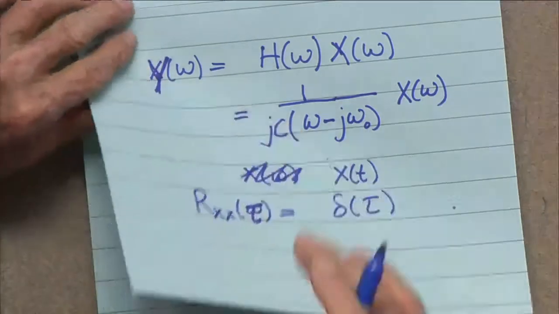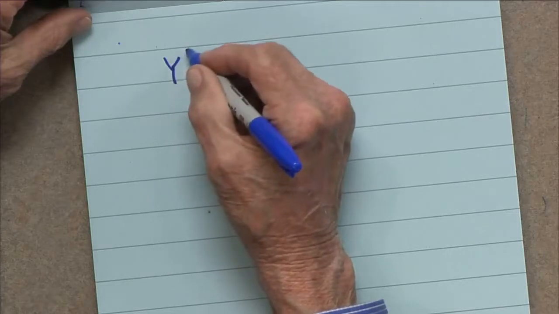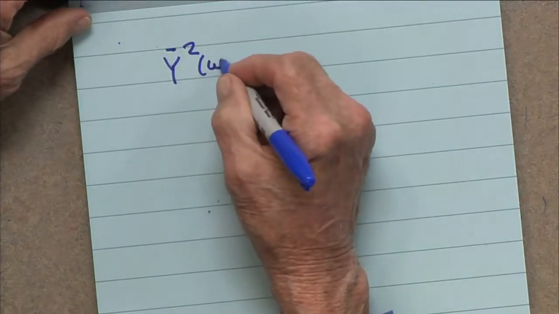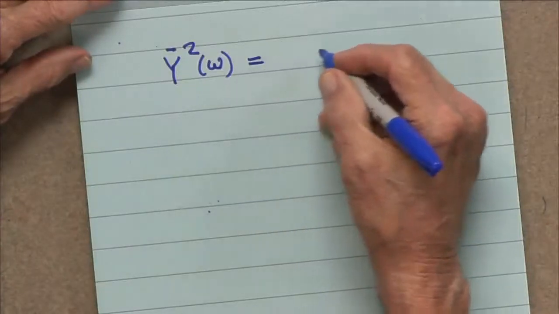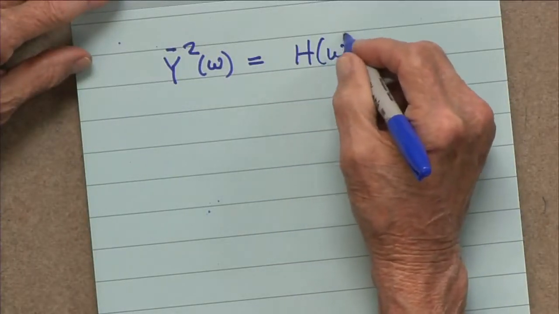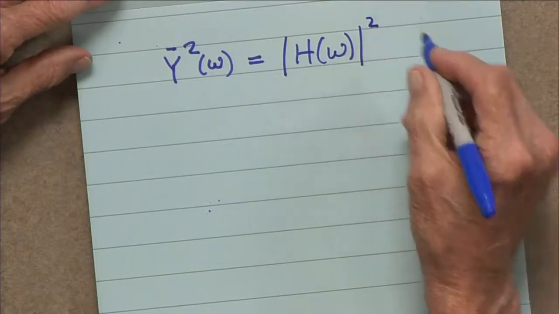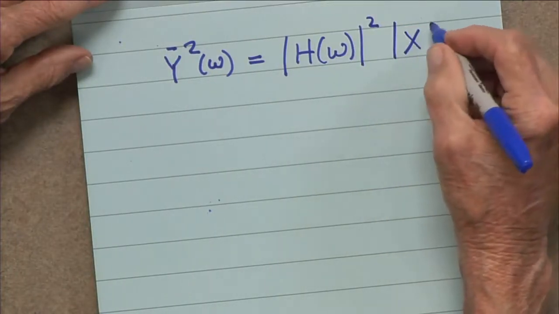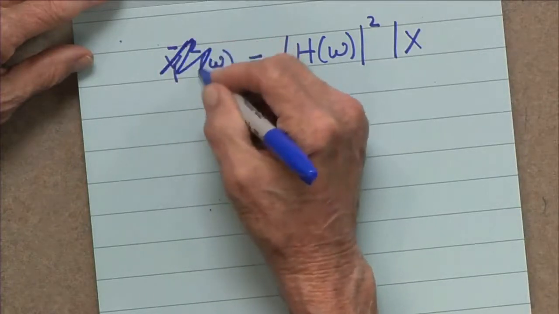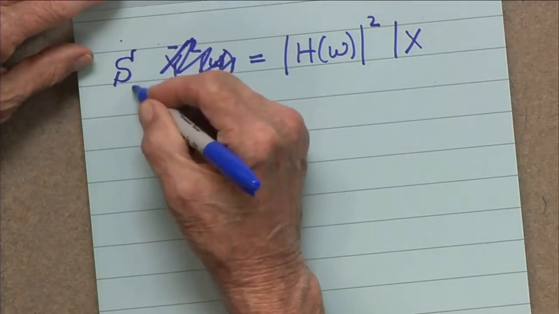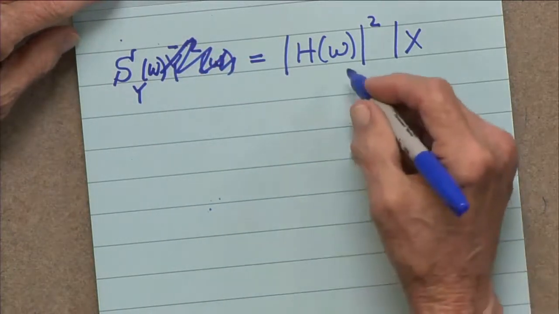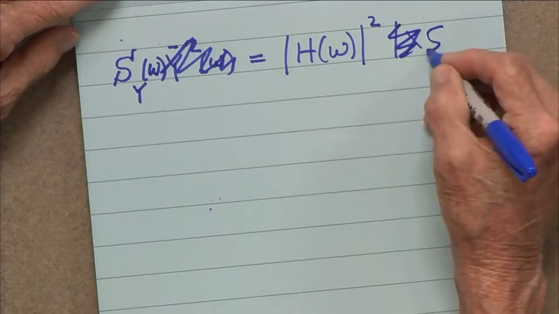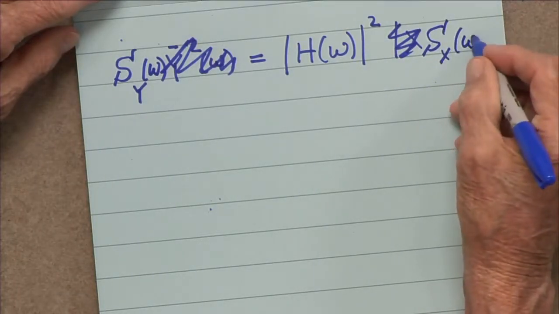So this says then that the power spectral density Sy of omega is equal to H of omega squared times Sx of omega.